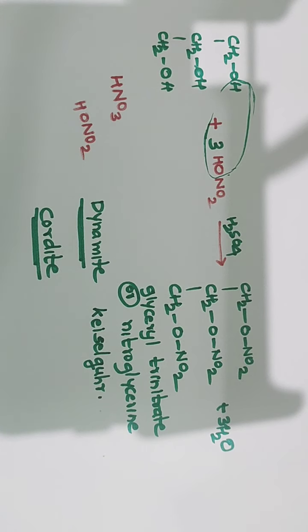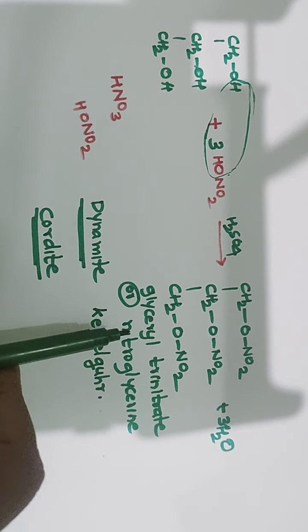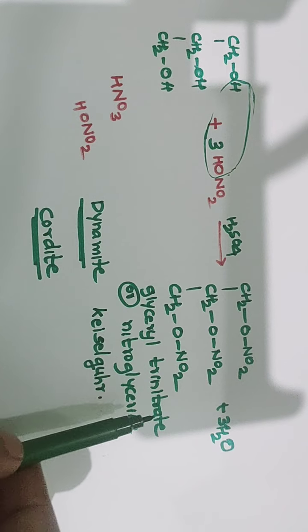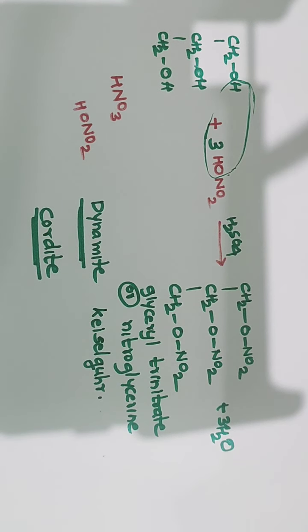Nowadays dynamite is made by absorbing this glyceryl trinitrate or nitroglycerin in wood pulp and mixing with solid ammonium nitrate. Dynamite is mainly used as explosive and propellant.